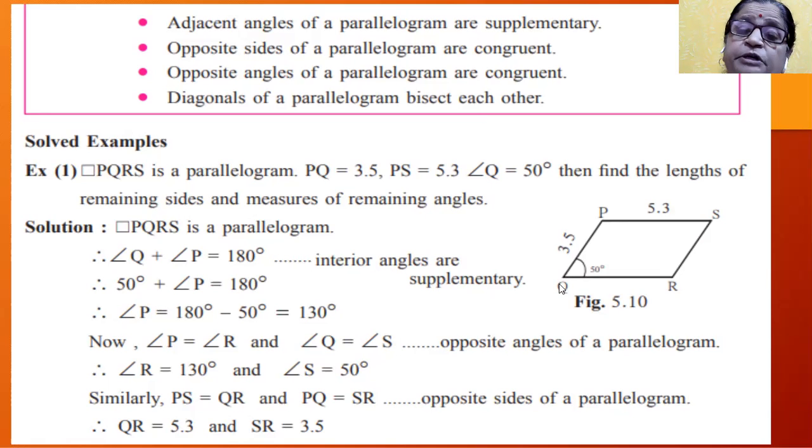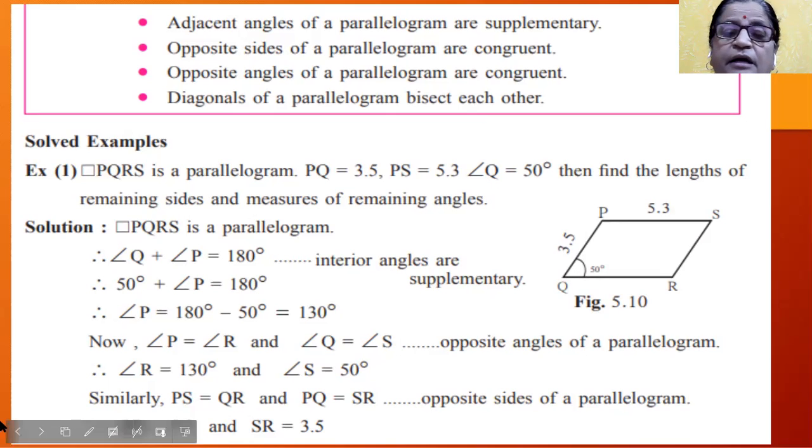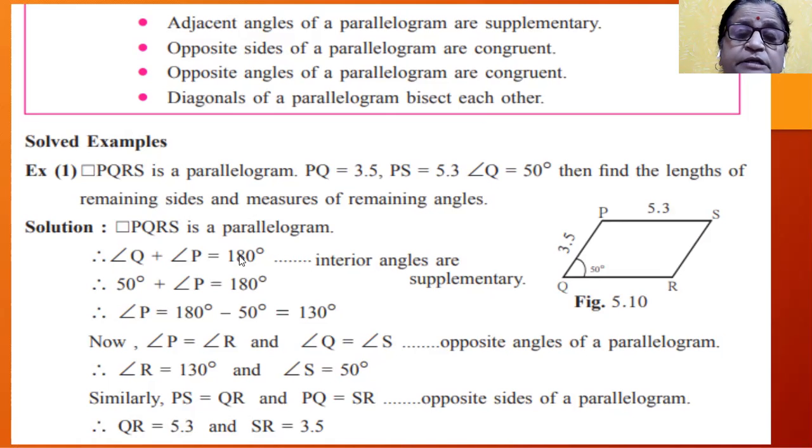Here PQ is given as 3.5 and PS is given as 5.3. Angle Q and angle P are interior angles, so interior angles are supplementary. Therefore, angle Q plus angle P is equal to 180.